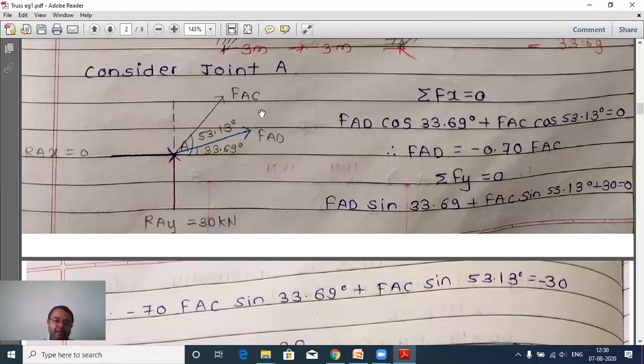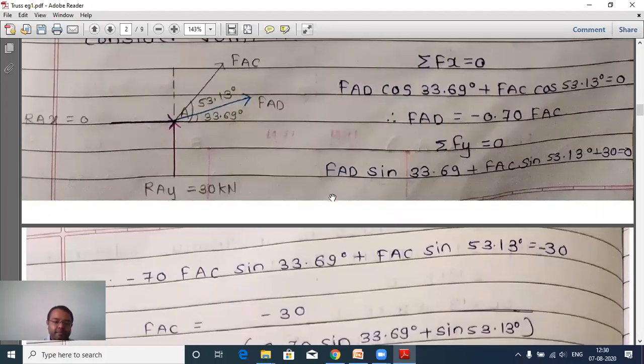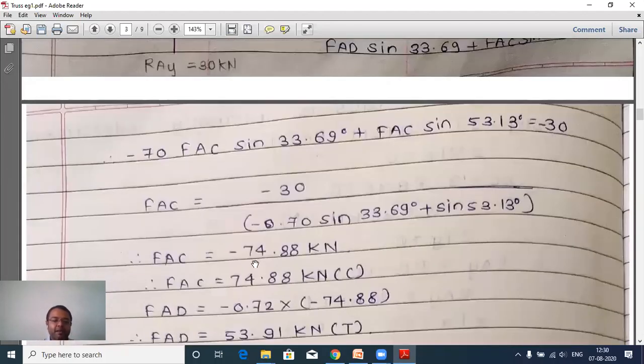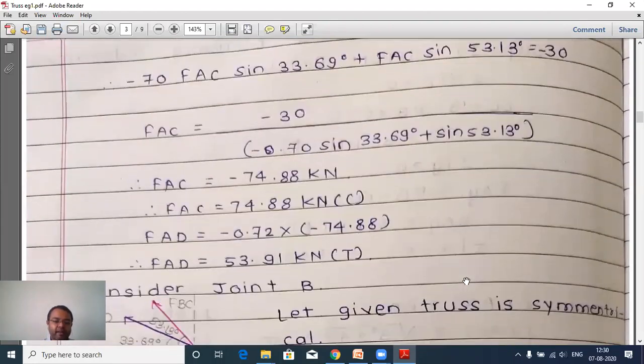We applied Fx equal to 0 and Fy equal to 0 to this diagram, and from this diagram itself we first got the answer with a minus sign. So put this value over here. This part is more important: you have to put the value along with the minus sign. Now we are getting FAD.